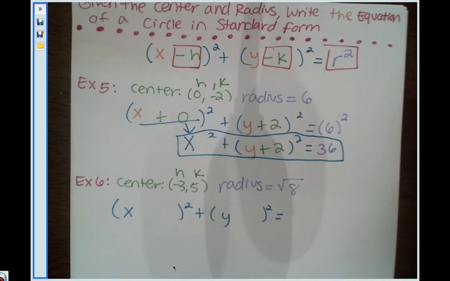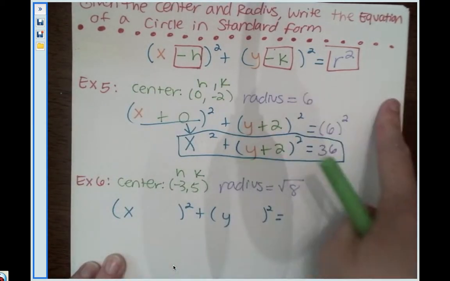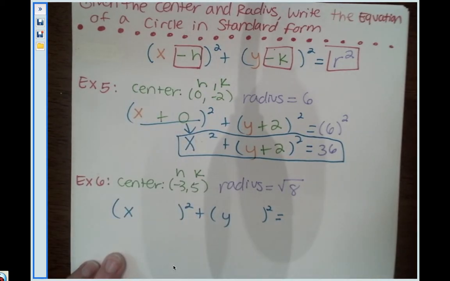Okay, let's get started. So where do I fill in my h value? It is the one that's added or subtracted to the x, but don't forget, we're going to change the signs when we go from the point into our equation. So what is the opposite of negative 3? It is positive 3.